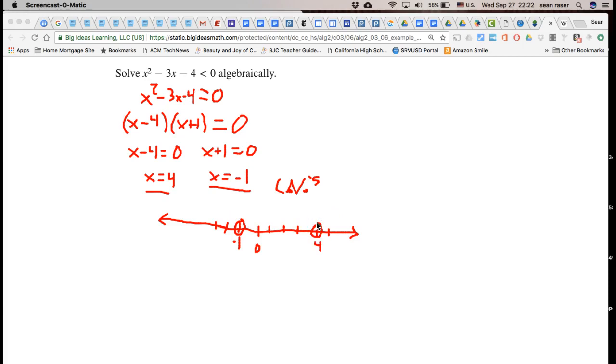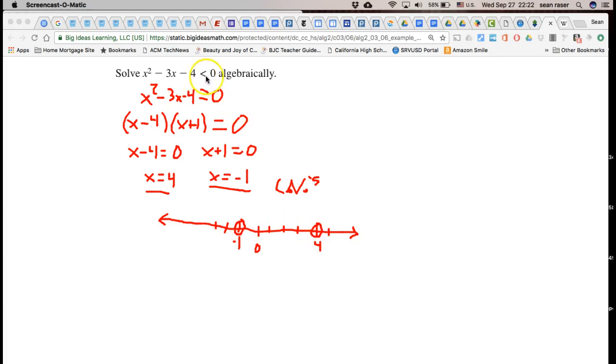Remember back to Algebra 1 when you solved inequalities like this. An open circle means that this value is not part of the solution set, because we cannot have this expression equal to 0, it's just less than 0. These values are not part of our solution set.